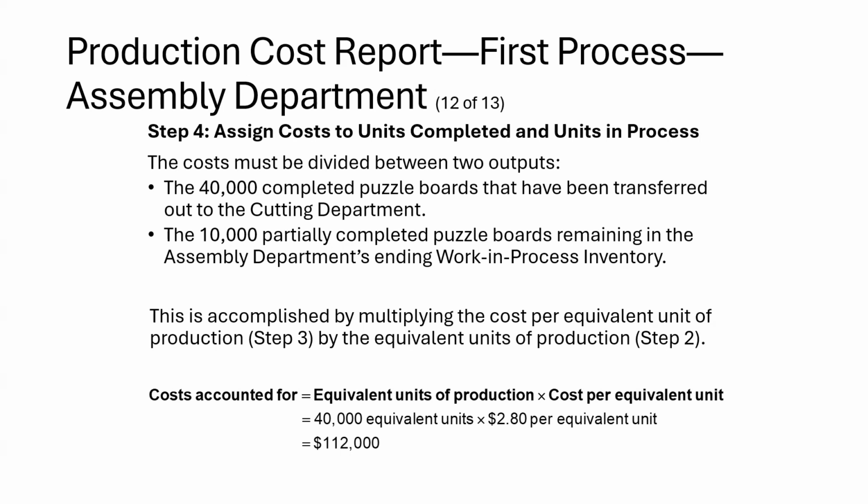This is accomplished by multiplying the cost per equivalent unit of production, step 3, by the equivalent units of production, which is step 2. So costs accounted for equal equivalent units of production times cost per equivalent unit, which is 40,000 equivalent units times $2.80 per equivalent unit equal $112,000.